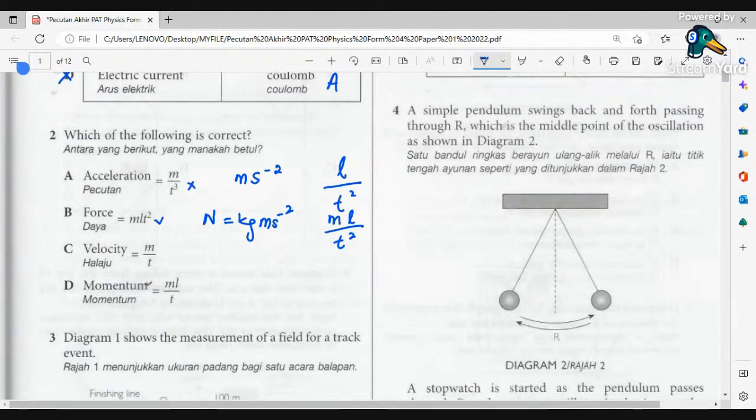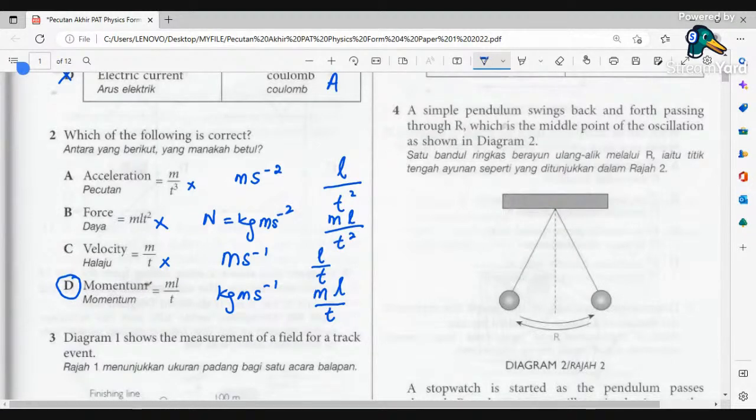Velocity, meter second negative 1, in terms of base quantity is L over T. I think this one also wrong. Momentum is kg meter second negative 1, so in terms of base quantity it should be M, L, T negative 1. So the answer should be D.